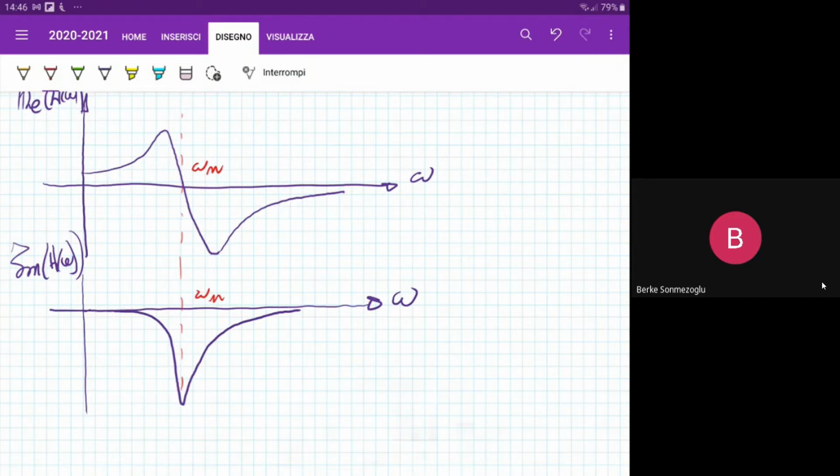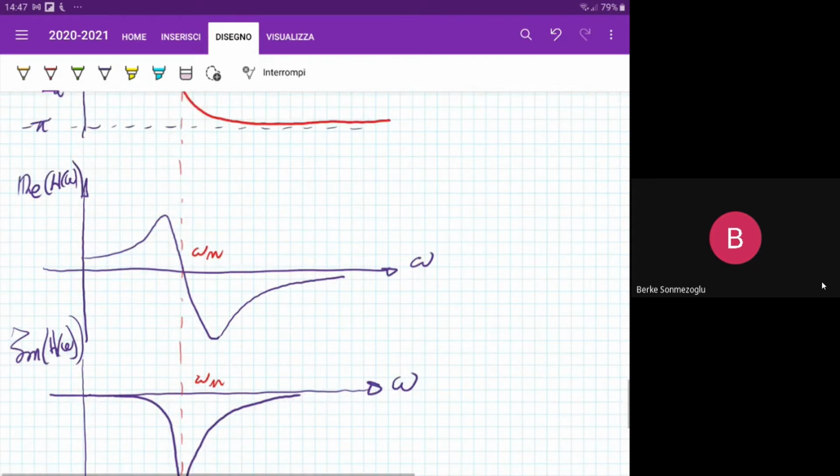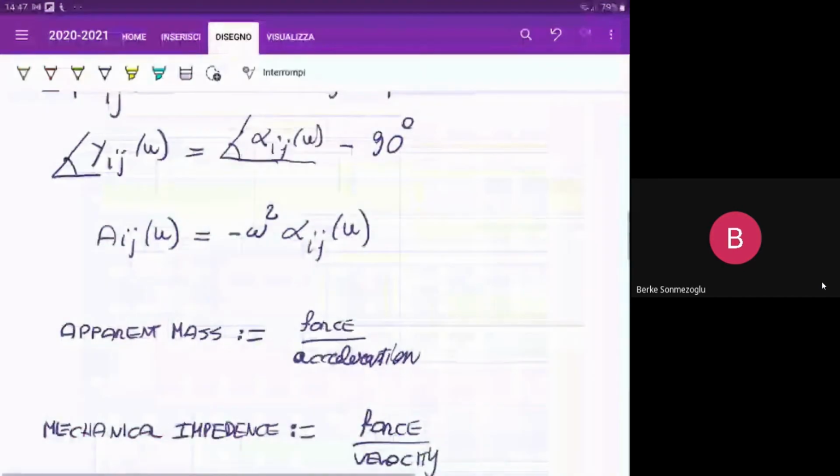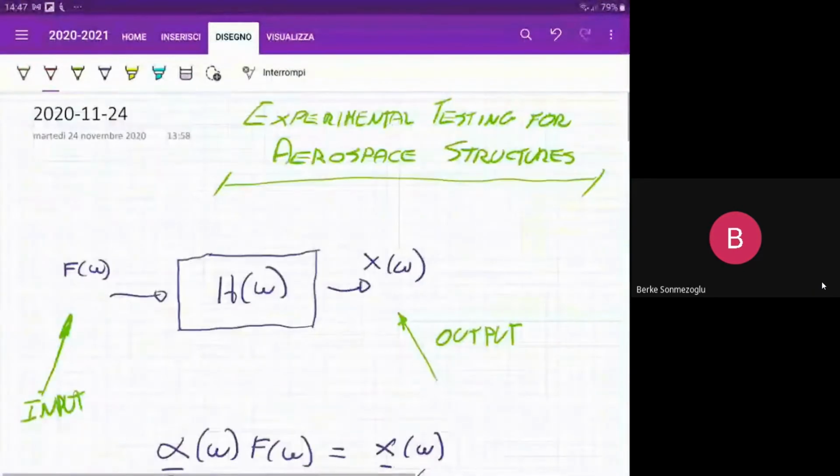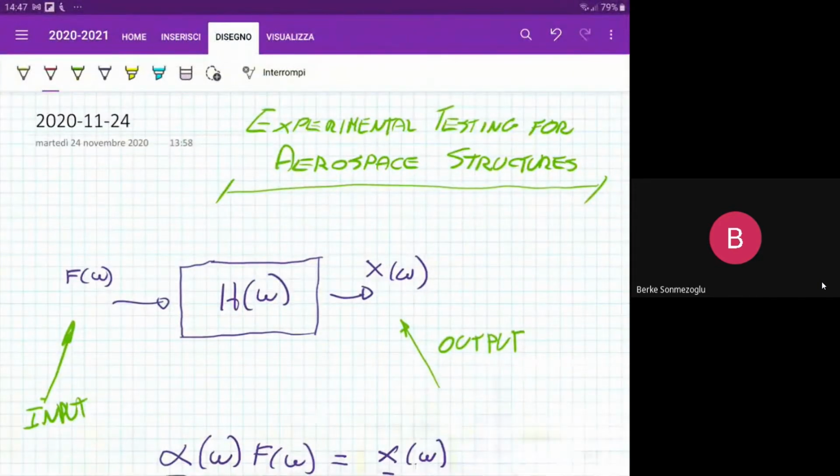Now, having said that, I want to discuss a little bit the usefulness of this evaluation. The usefulness could be viewed here from the very beginning of today's class. Okay, here we have a very rough representation of your system characterized by H, and then an input and an output.